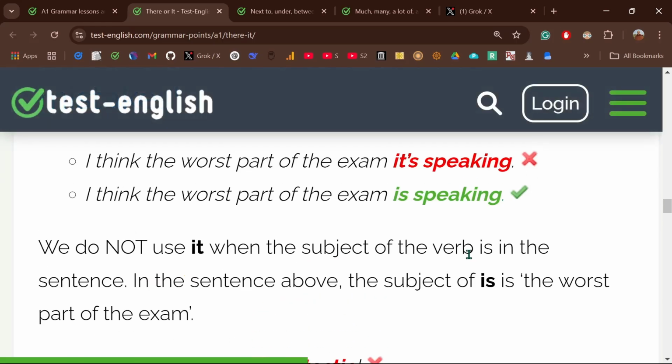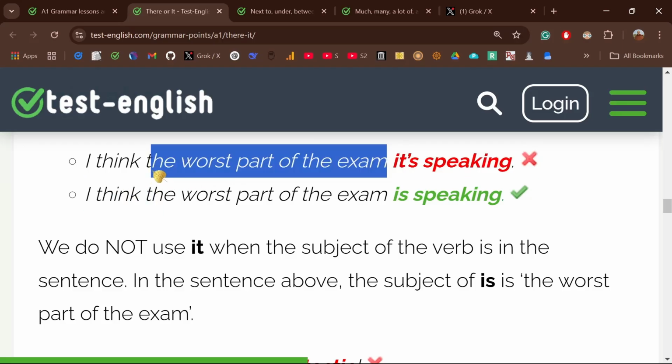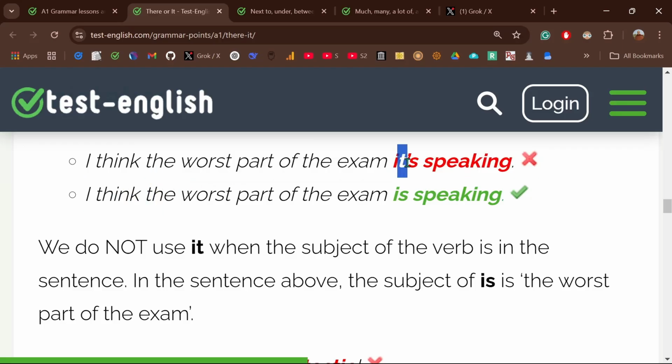So when the subject of the verb is in the sentence, okay, because "it" here would substitute the subject, right? So you already have the subject here, the worst part of the exam. So you don't repeat it. Two subjects, okay?